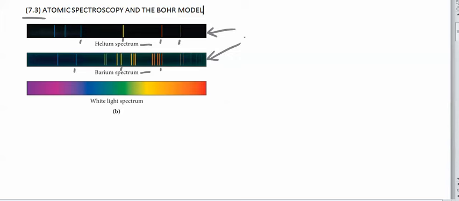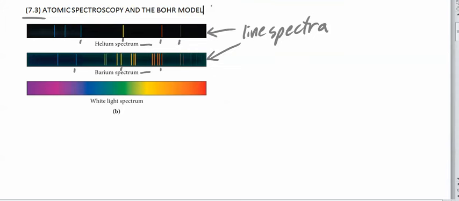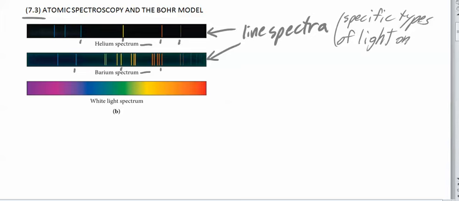Atoms, it turns out, have what we call line spectra. Spectra is the plural of spectrum. So basically, atoms just emit very specific types of light only.